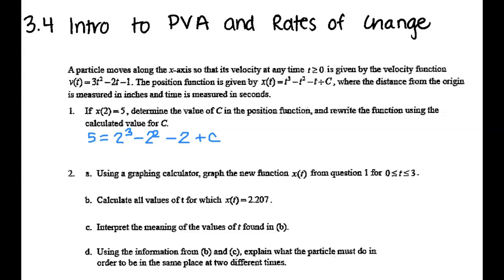So what you could do is take what you know and find what you're missing. We know that whatever c is, it has to make this statement true. So you should have gotten c is equal to 3 when x of 2 is equal to 5.